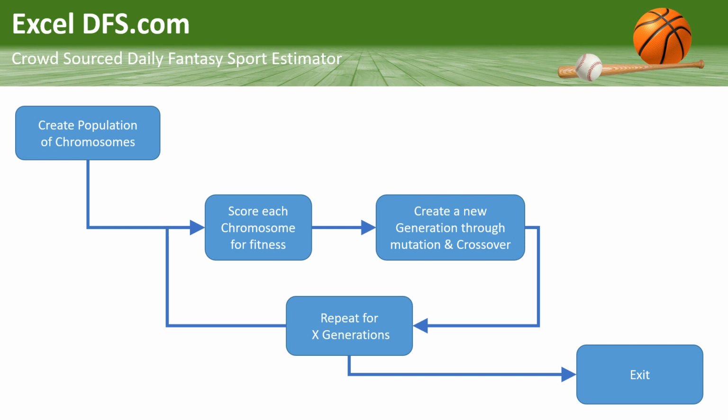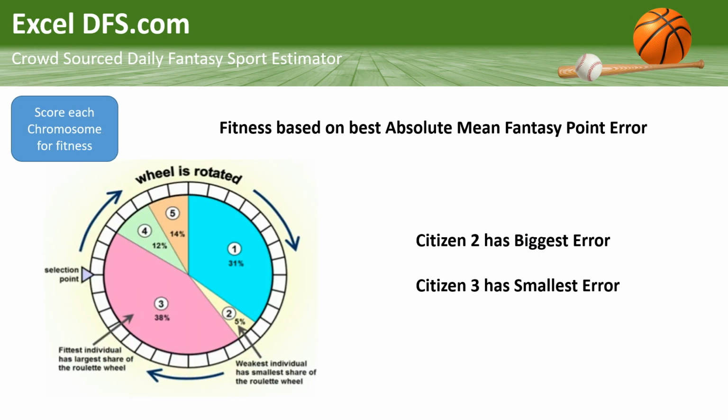So the lower the absolute mean error of their predictions is, the greater fitness they have. So let's just look at that. How do we decide? Well, this is done mathematically in the code, but basically it's done with a random number generator. But imagine a situation where you have a population of 5 citizens.